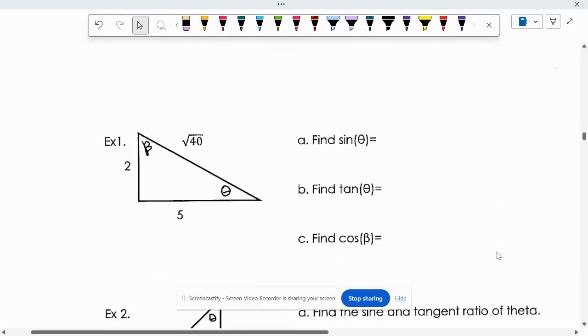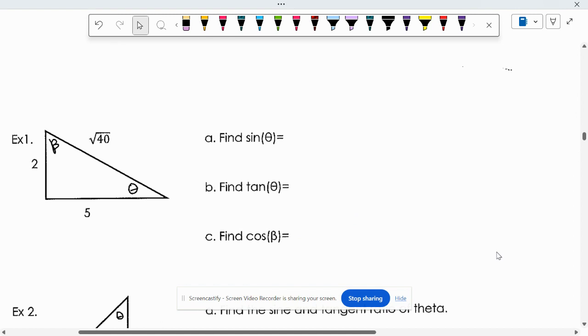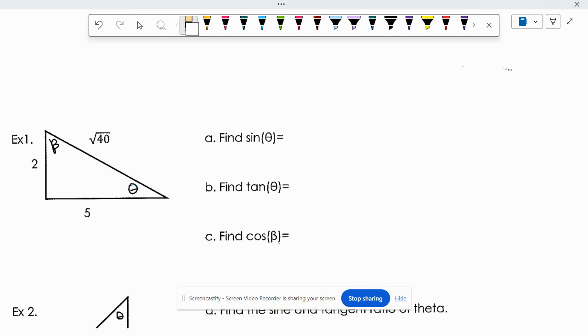Okay, so we're going to find some measures. We're going to do the sine of theta, the tangent of theta, and the cosine of beta. So let's look at theta, and I'm going to color it green, and we're going to label the sides. So this angle theta right here.